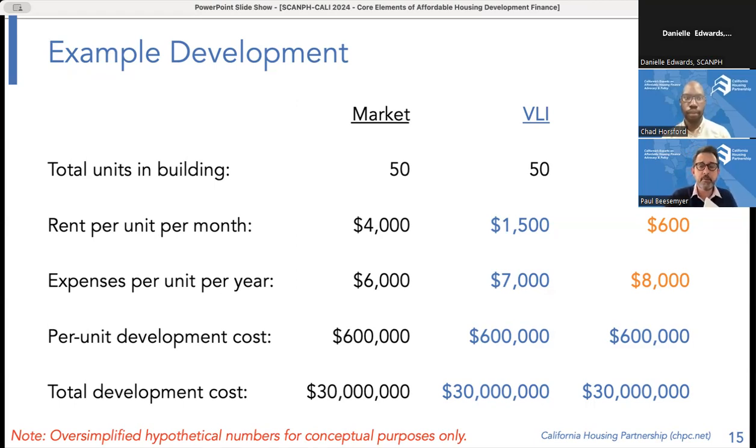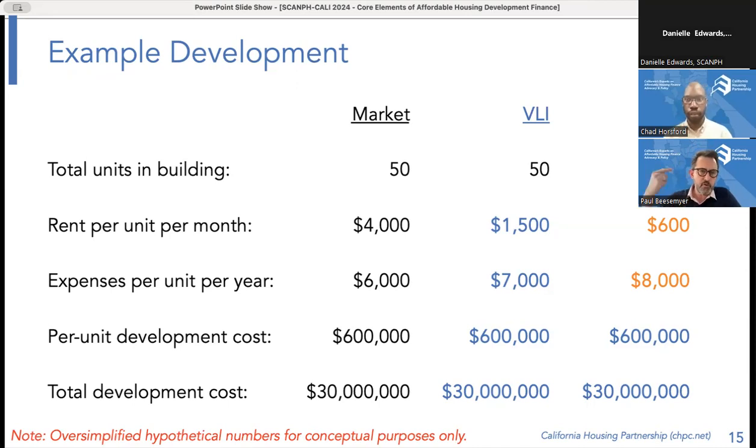However, we're trying to keep the numbers on the small side and easy to digest. And even for affordable development, we're still looking for what is more economically viable. So typically developments are a little bit larger than that, but not all. So anyway, we're going to stick with our 50-unit example.